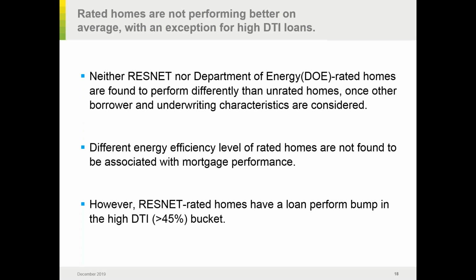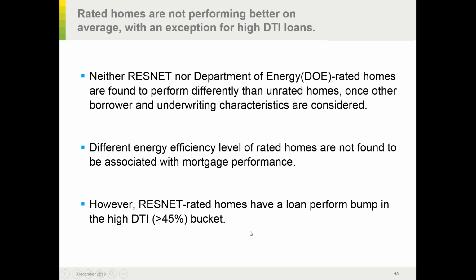When we do that, neither sample of rated homes is found to perform differently from the unrated homes. So the value associated with those ratings is indistinguishable from zero from a statistical perspective, once we take into consideration these characteristics.